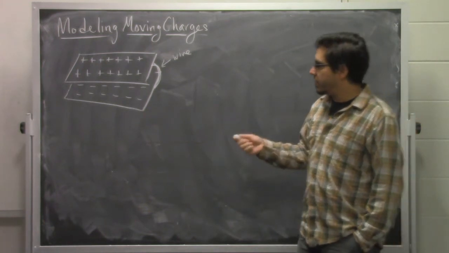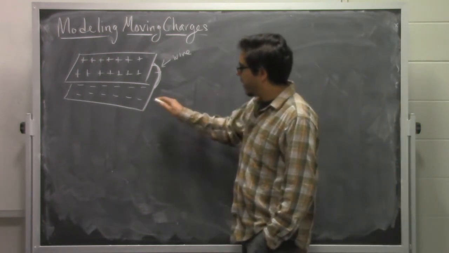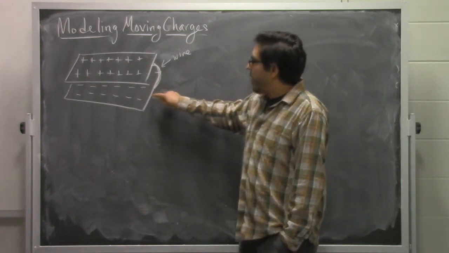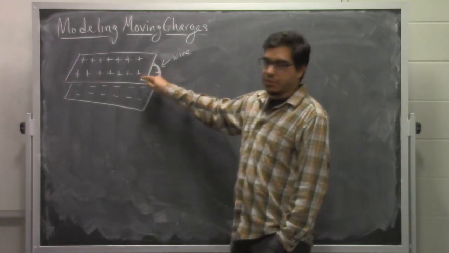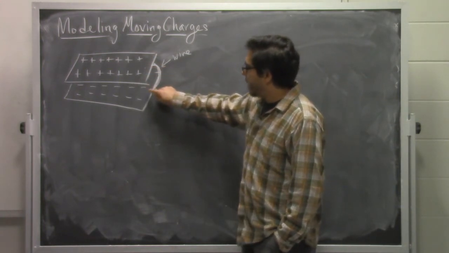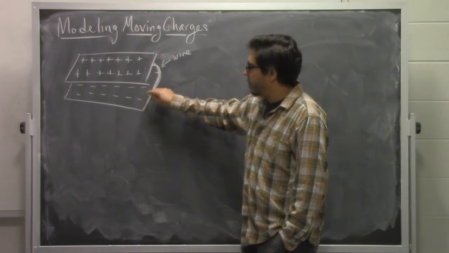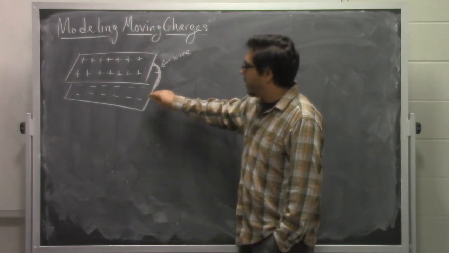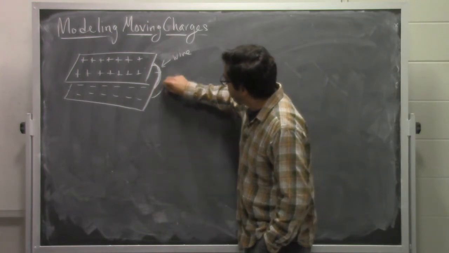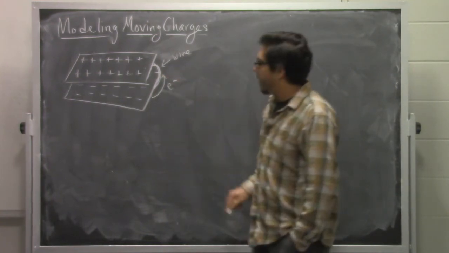And the process by which that occurs is essentially the electrons that are sitting in this lower plate start to move around. They start to feel an attraction to the upper plate, but they have a place to now be able to move in order to get closer to those positive charges, namely that little piece of wire that we have. So they actually are going to travel up that piece of wire.